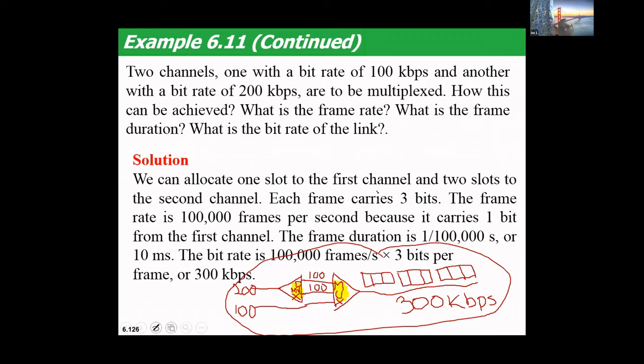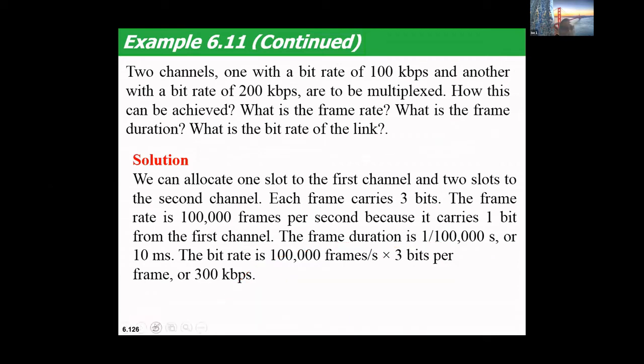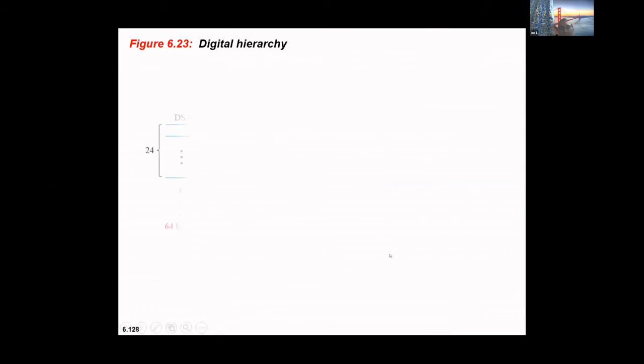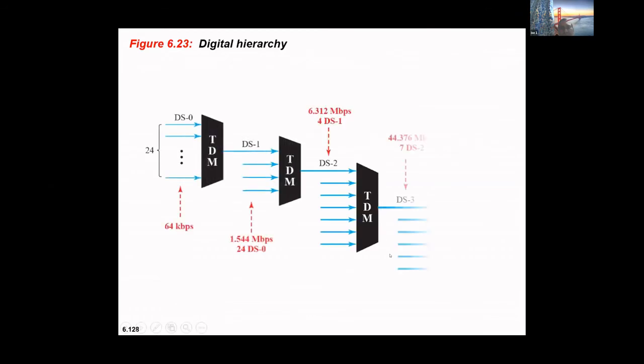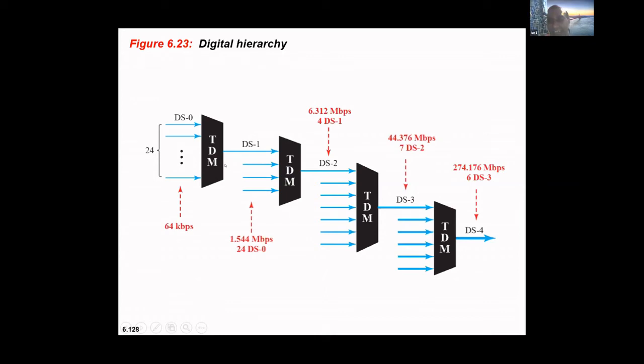Now next, what we have seen, here now we have 24 lines. So time division multiplexing, digital subscriber lines. These are called DSLs. Now the telephones are all digital telephones, so for this we have digital subscriber lines, DSLs.